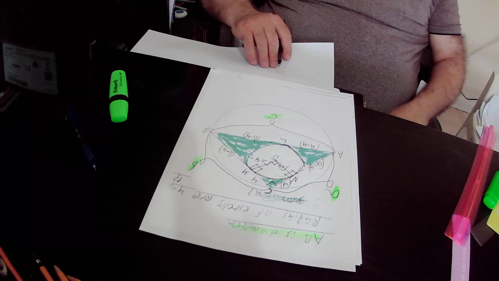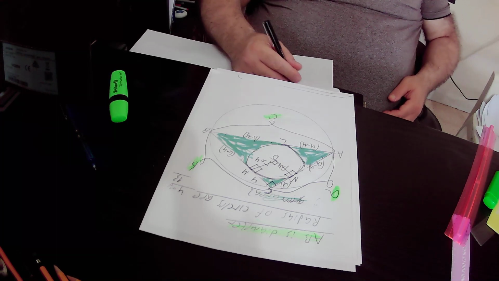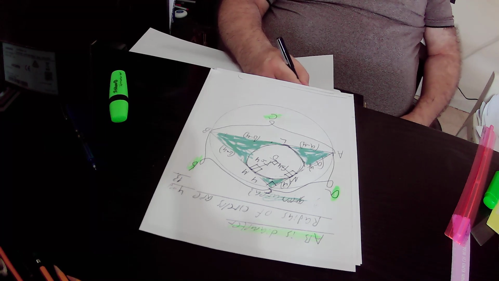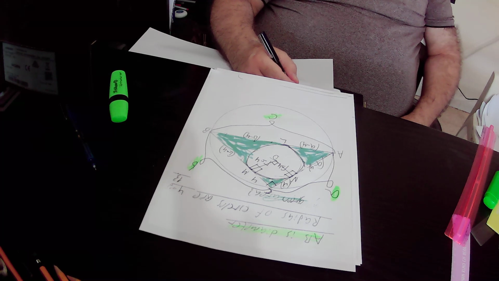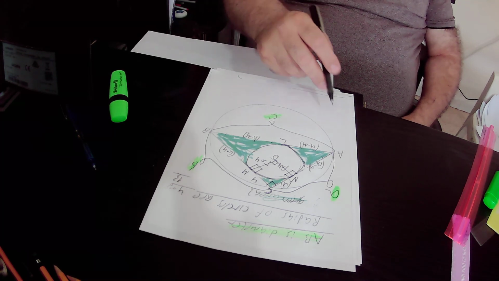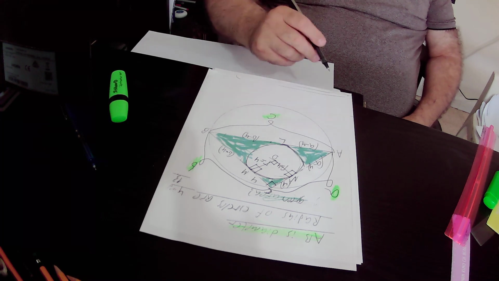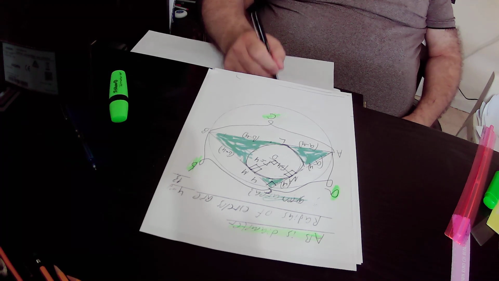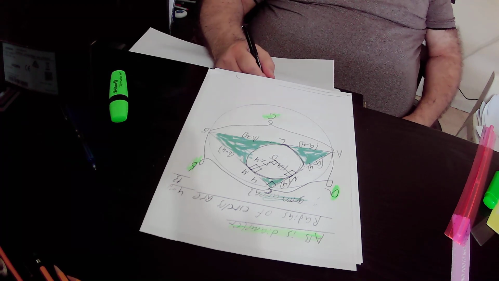So according to equation number 1, the diameter, which is equal to 26 units, equals AL, which is A minus 4, plus LB, which is B minus 4.